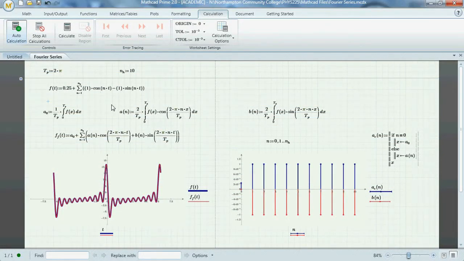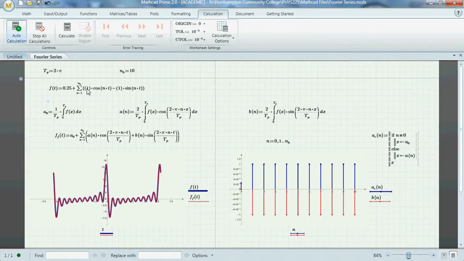Actually, for the sine, it's -1. So I have the computer go through and calculate the Fourier series. The blue line, which is behind, is the actual function f of t. The red is the Fourier series. And notice that the coefficients line up. The blue are the cosine coefficients, a sub n, and the red are the sine coefficients.